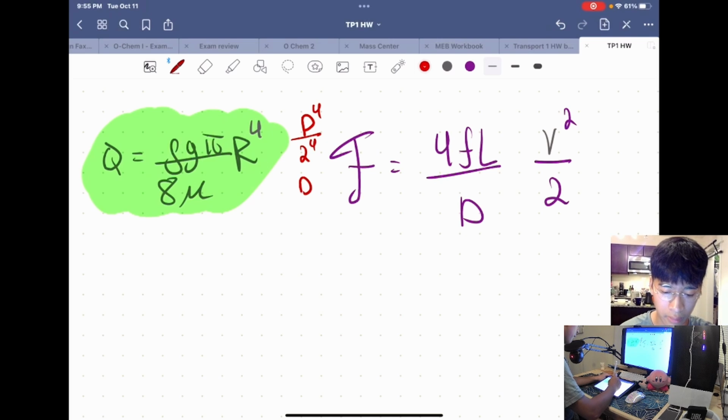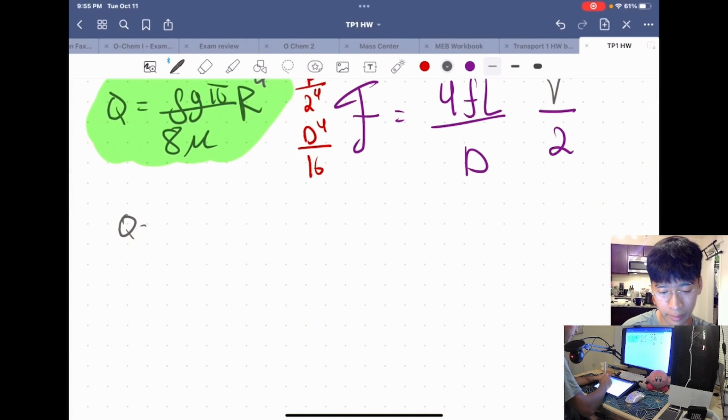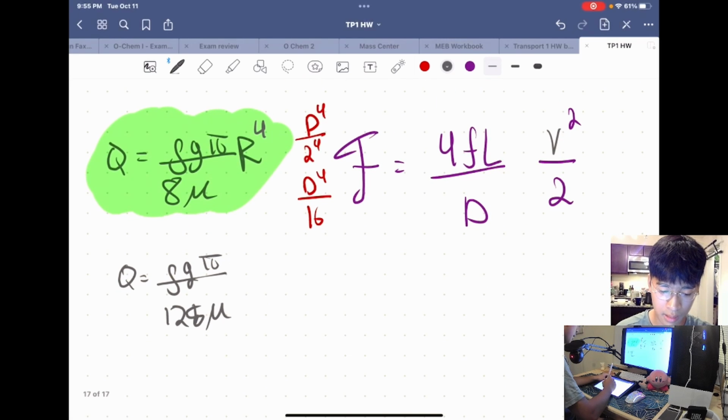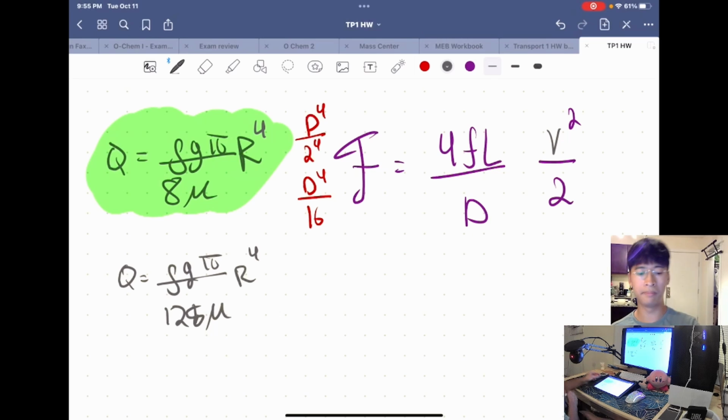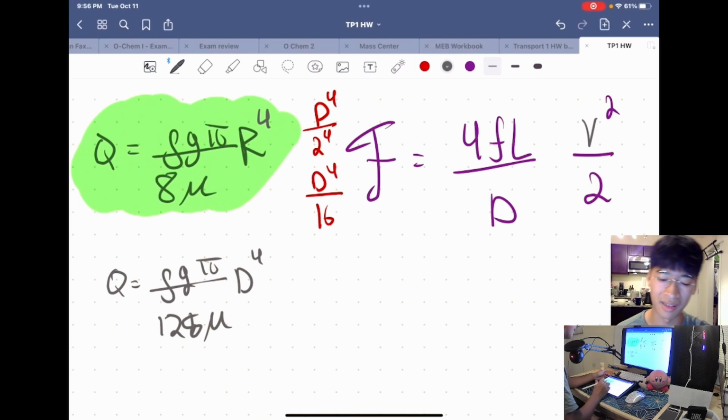Okay, and D to the 4th over 16, right? So then Q is therefore equal to rho G pi over 8 times 16 is 128 mu, R to the 4th. Okay, looks good. Oh, not good. Should be D. I need to control myself when it comes to copying errors.